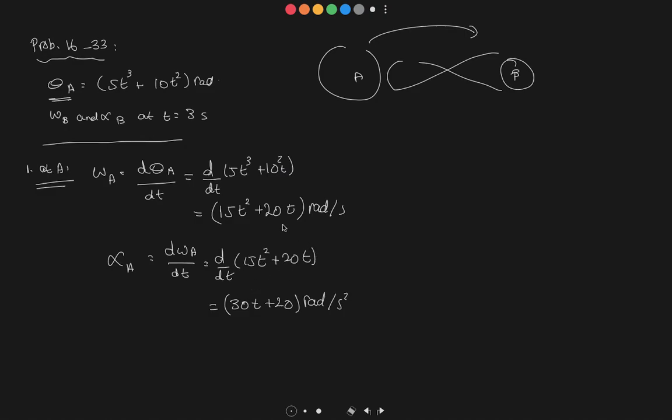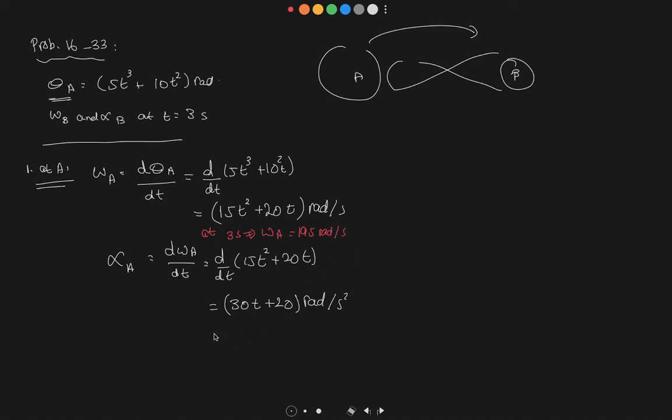Now at 3 seconds, omega A equals 15 multiplied by 3 squared plus 20 multiplied by 3. This gives you 195 radians per second.